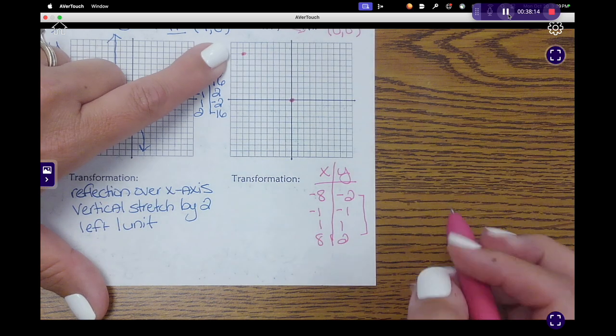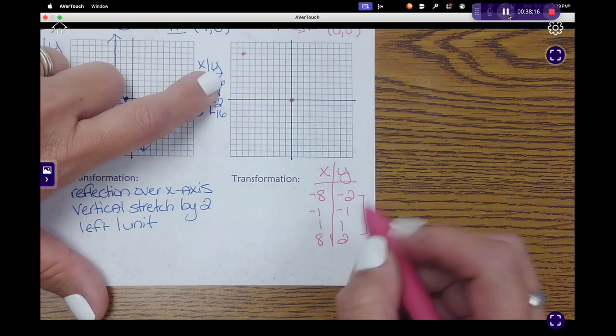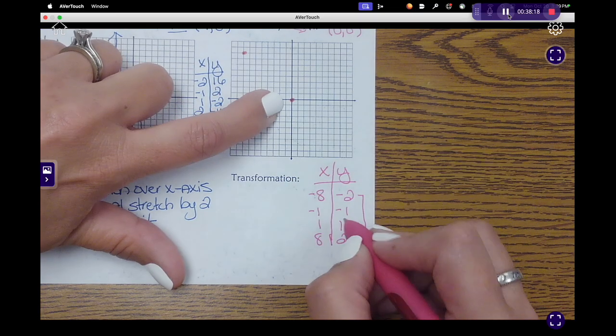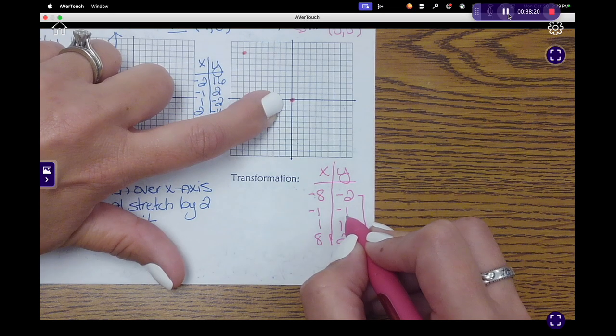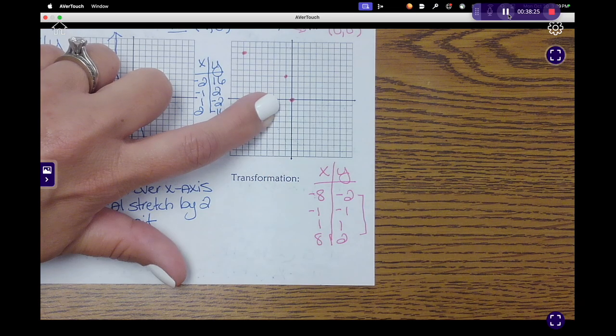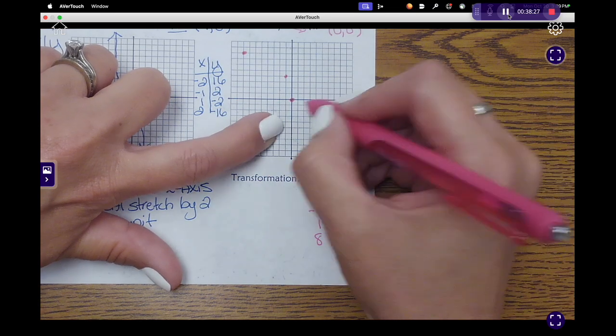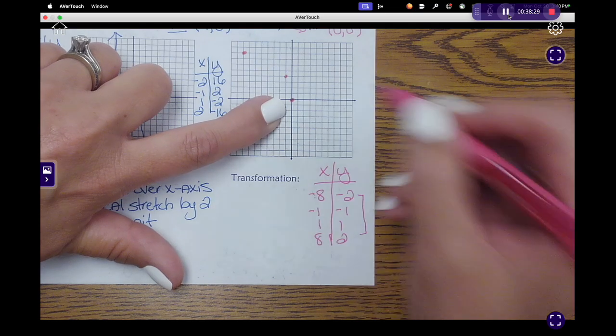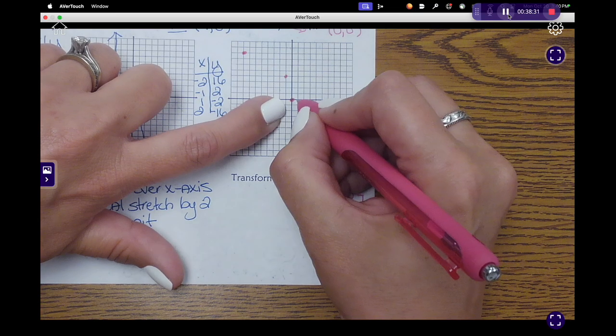So that would be right there. Okay, and then here I have negative 1. So negative 1, but then I'm multiplying that by a negative 4, so that's going to be a positive 4. So that's right there. And then I have 1, so I'm going to go over 1. And then remember, I'm multiplying this by negative 4, so that's going to be down 4.